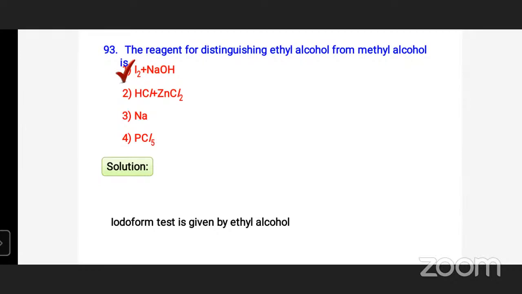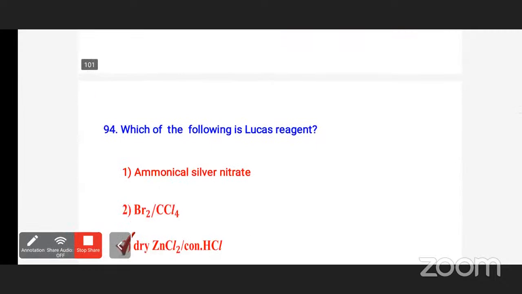In the above options, the iodoform test is given by ethyl alcohol. Ethyl alcohol heated with iodine and NaOH forms yellow crystals of iodoform. So I2 plus NaOH, this is the iodoform test.